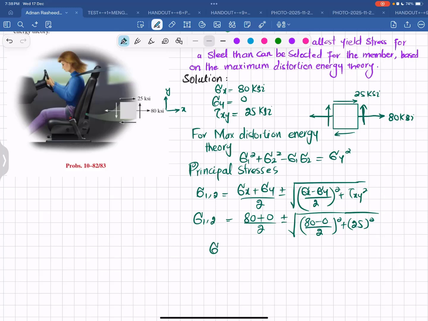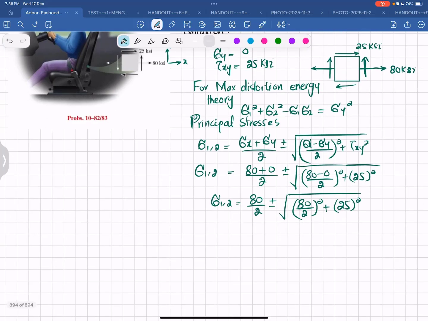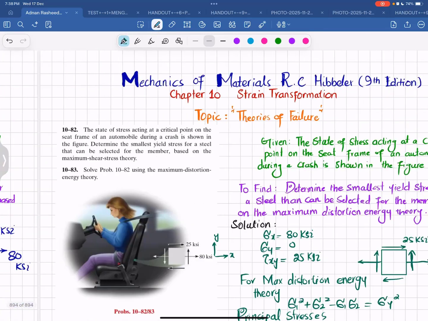So sigma 1,2 will be equal to 80 divided by 2 plus or minus the square root of (80 divided by 2) squared plus 25 squared. This will give you 40 plus or minus the value under the root.